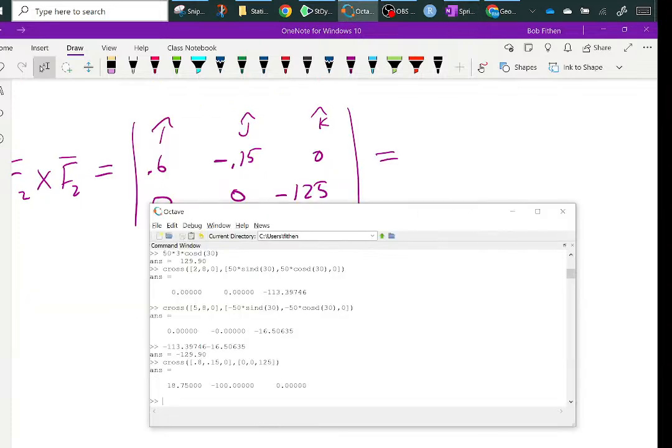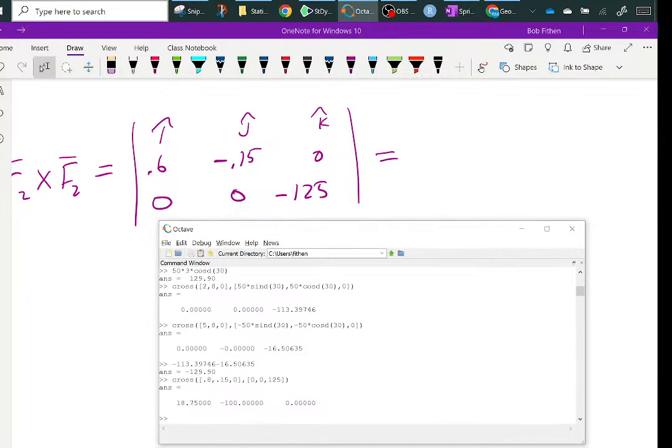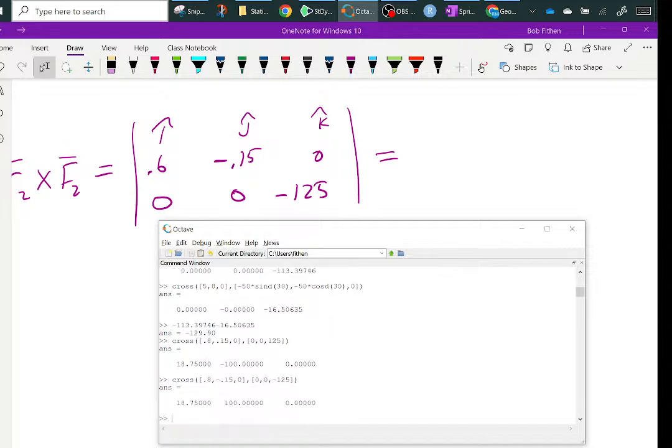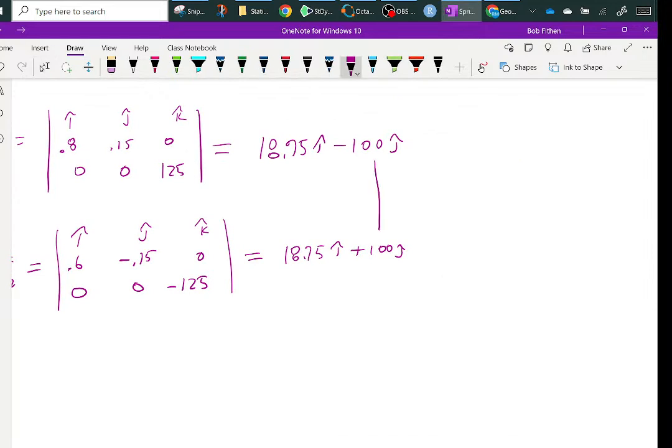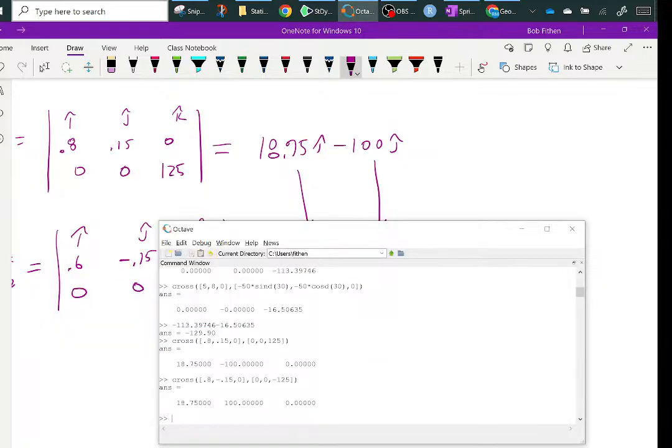Now 125 does a minus, and I run back, and I run that way, and there you go. 18.75 and 100. 18.75i plus 100j. And, of course, you add both of these together.